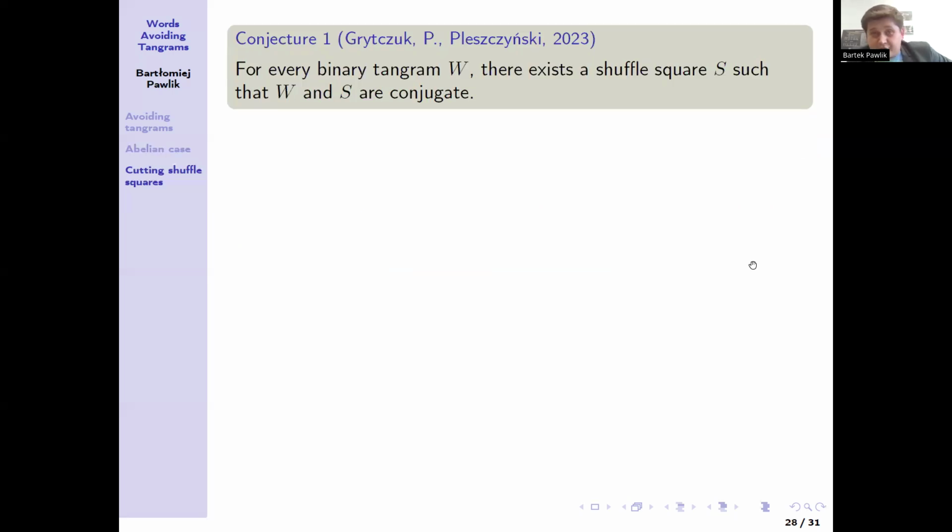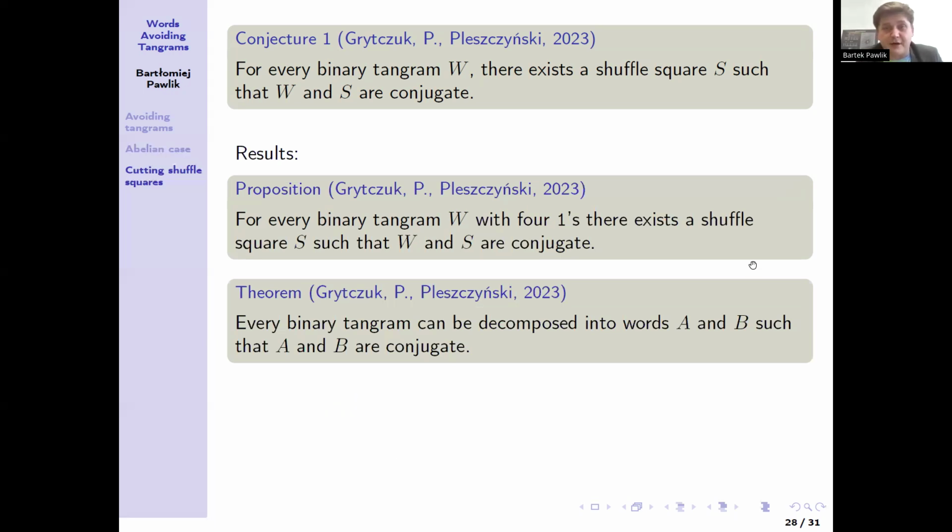We posted a conjecture that for every binary tangram there exists a shuffle square S such that W and S are conjugate. And we checked this conjecture up to words of length 20. It was investigated by us for some time.